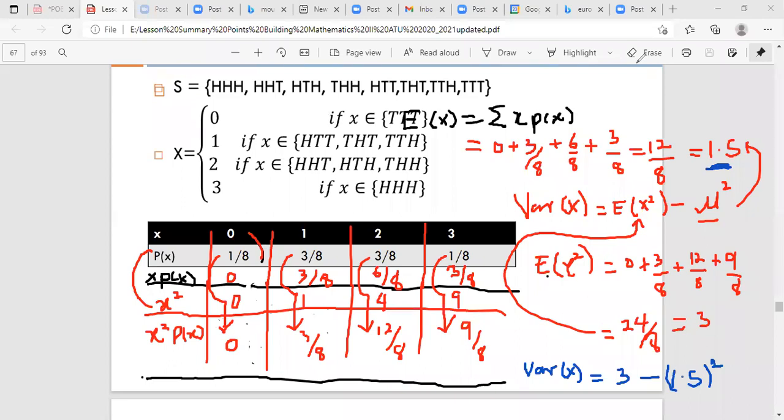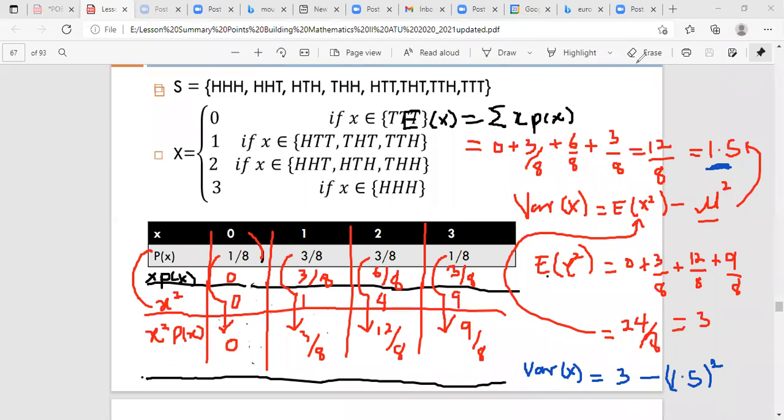So from the variance, where is written 12 over 8? It should be 24 over 8 rather, because the x squared will be 4. And then when you multiply 4 by 6 over 8, you are going to get 24 over 8. You are multiplying x squared by p of x.